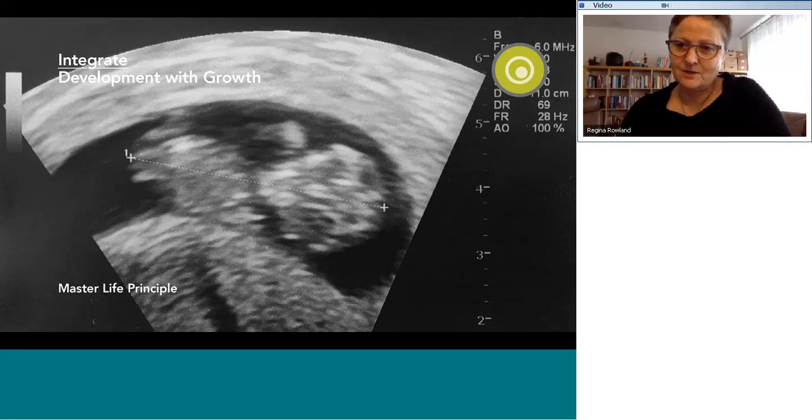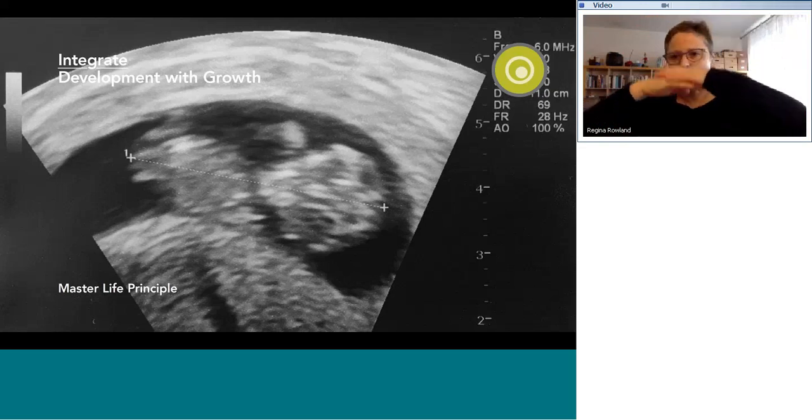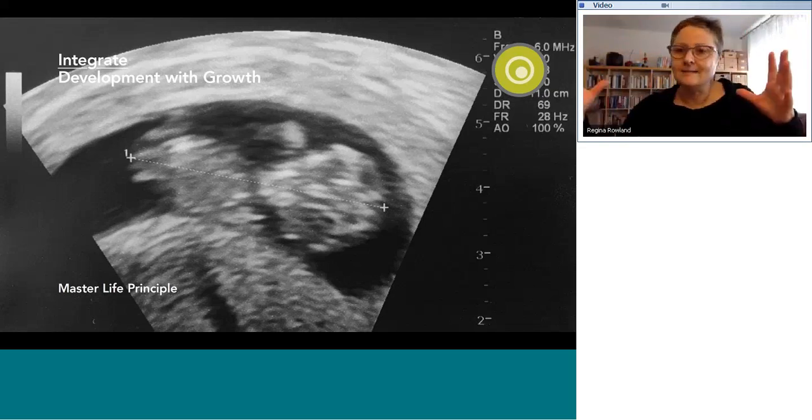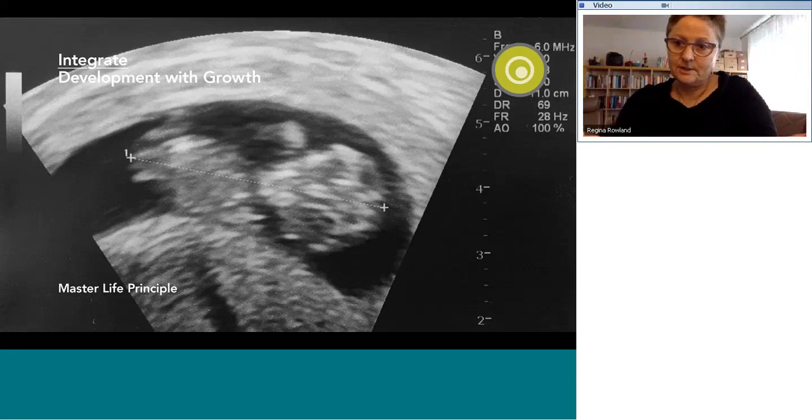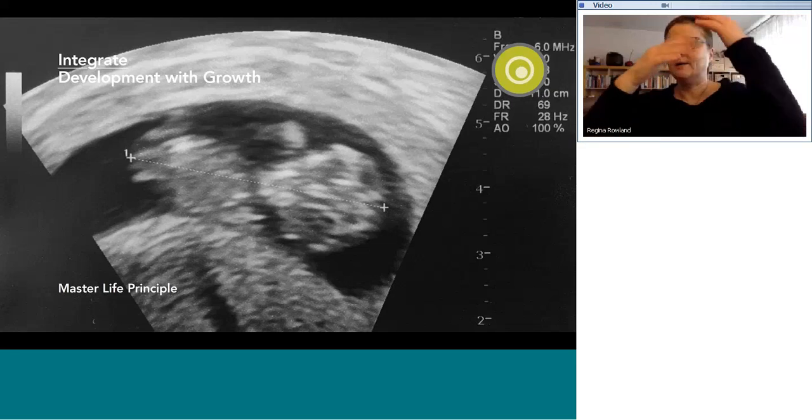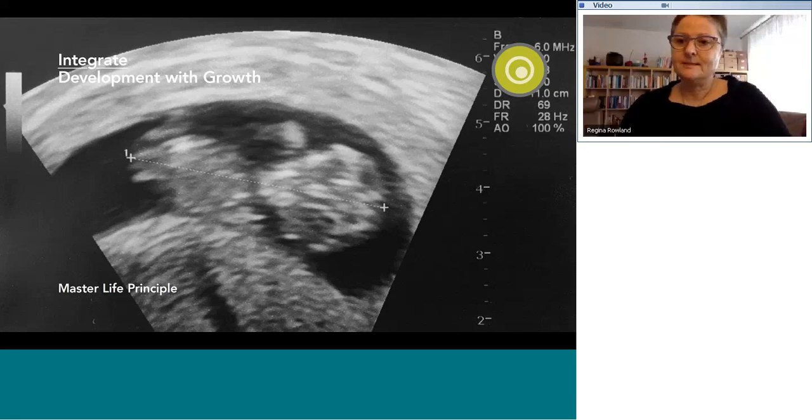While this is a very simplified explanation of how an embryo grows, the point here is that development and growth, so growing in size and developing in depth, in this case bones and flesh and physical material, go with the neural structures that guide how these materials can be used. This happens sometimes simultaneously and sometimes one after the other, but it happens in a step-by-step process, in an integrated way. That's the point.